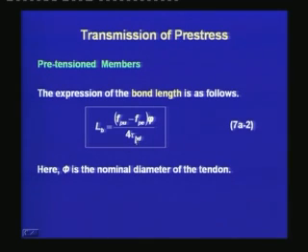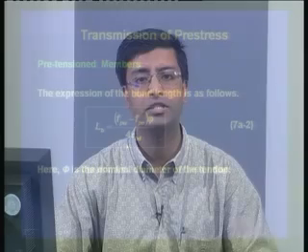Thus, the expression of the bond length is LB is equal to within bracket FPU minus FPE times the nominal diameter phi divided by 4 times tau BD. This equation has been developed from the free body diagram of the tendon. Note that here the diameter is the nominal diameter of the strand that is used as the tendon.